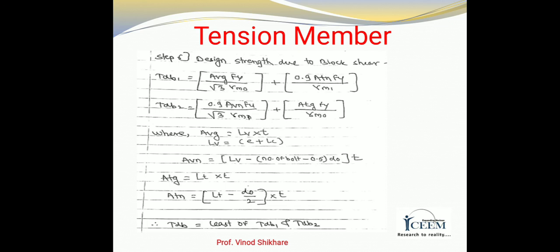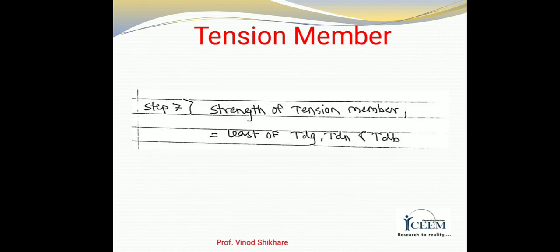These are all the steps of designing a tension member. Then the strength of the tension member is the least of all three, that is design strength due to block shear, design strength of tension member due to rupture of critical section, and design strength of tension member due to yielding of cross section.